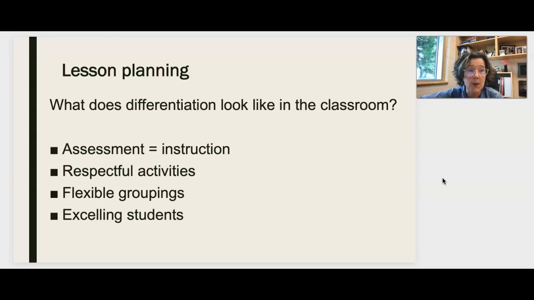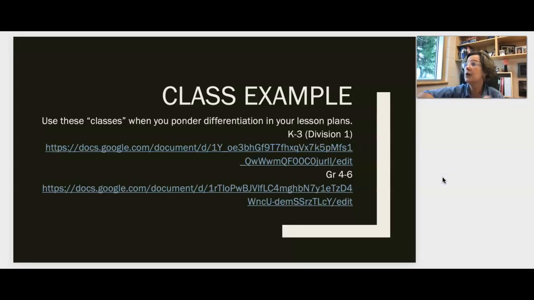Okay, so what does it kind of look like in the classroom? When you are starting to think about your own lesson plans, we have put together two classes: a Division 1 class, which you can use if you're K to 3, or a Division 2 class from grade 4 to 6.